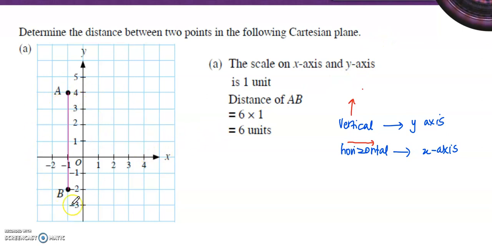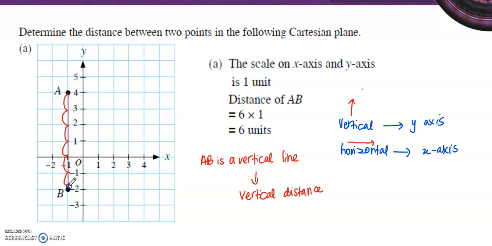So kalau you tengok pada line AB, dia ialah menegak, which is vertical to the y-axis. So AB is actually a vertical line. So kita akan calculate the vertical distance. You tengok jarak dia daripada A kepada B berapa? 1, 2, 3, 4, 5, 6.